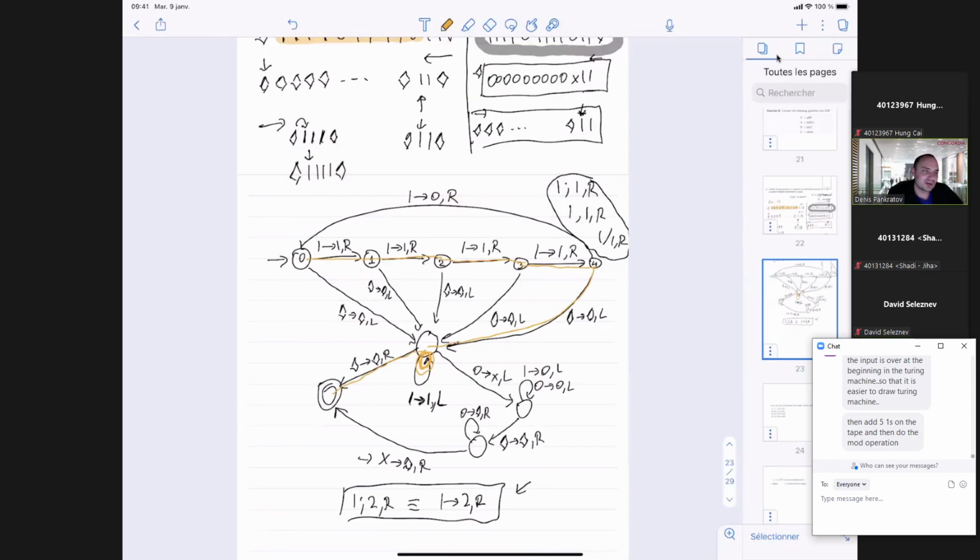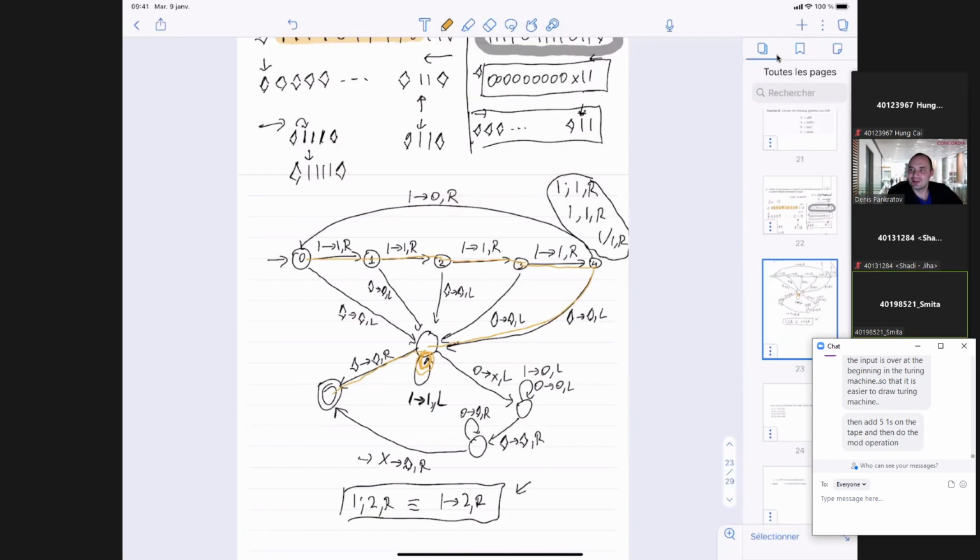Can we add 0 or a $ sign after the input is over at the beginning in the Turing machine so that it's easier to draw? Then add 5 ones on the tape and then do the mod operation. I mean, you could do it.